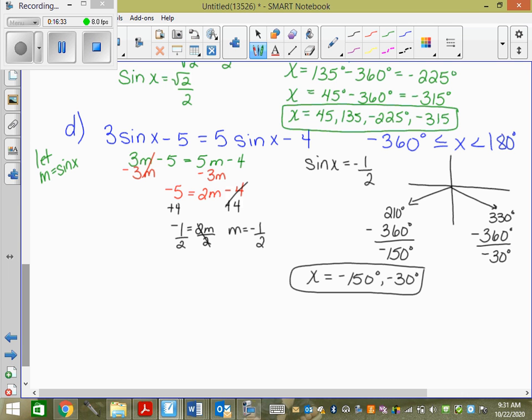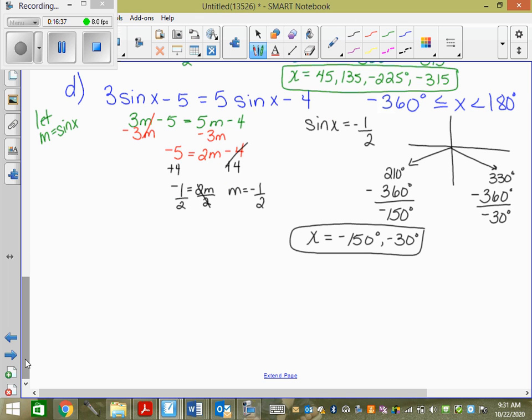E and F. I'm going to write down, and then we're going to move on to degree 2. So E is 3 cotan x plus 1. So remember, when you get cotan, you can just flip it down and get tan, right? Flip answers, not angles. So 3 cotan x plus 1 equals 2 plus 4 cotan x.